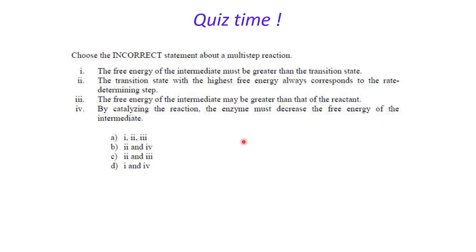Statement 3 says the free energy of an intermediate may be greater than that of the reactant. Possible. Correct. Statement 4 says by catalyzing the reaction, the enzyme must decrease the free energy of the intermediate. We all know that's incorrect.